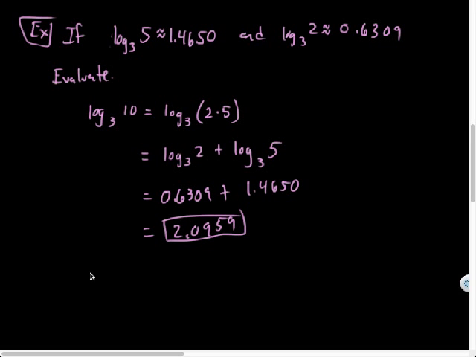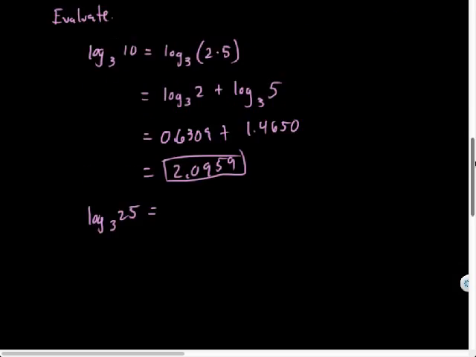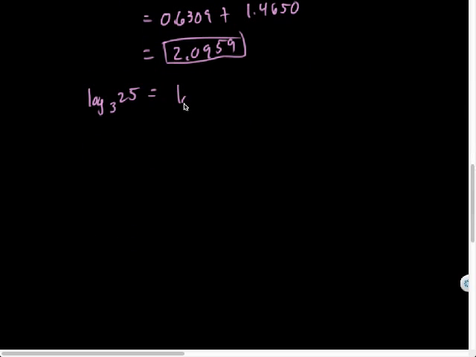What if I wanted to figure out what is log base 3 of 25? How could I use this fact and this fact to rewrite 25? 5 and 5, right? 5 times 5 is 25. So this is the same as log base 3 of 5 times 5.